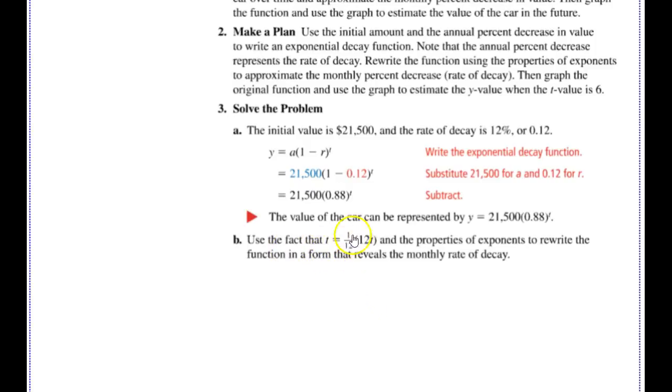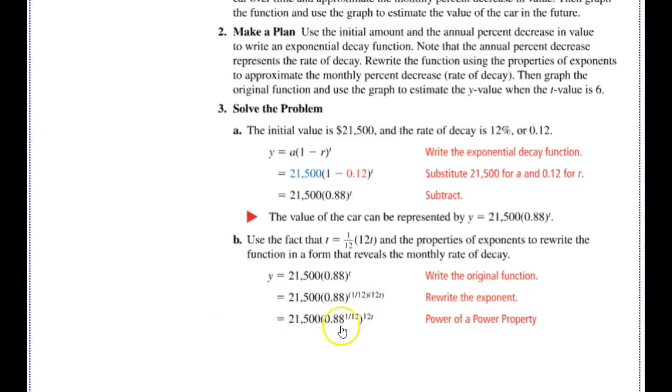Then part B was I was supposed to find the percent every month. So I want to use the fact that time is going to be 1 divided by 12, because I'm looking for monthly, and I know that this was given to me in years. Okay, so I can use the properties of exponents and rewrite my function. I use my original function, and I plug in all of the information that I have to rewrite my exponents.